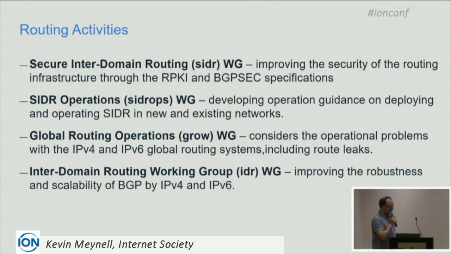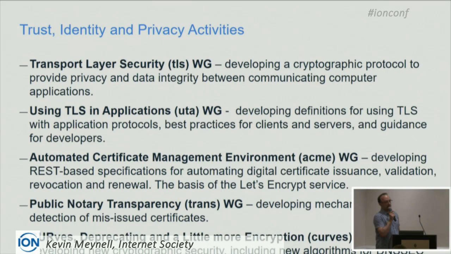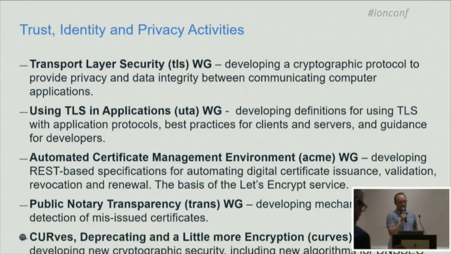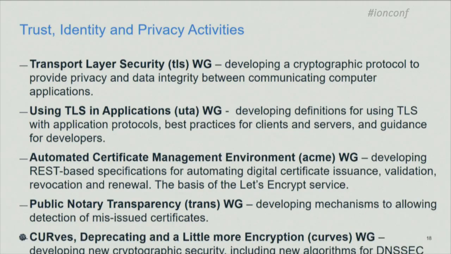On the trust and identity and privacy activities, there's a number of working groups. I won't go into all of these in great detail. There's a TLS working group, so that's the cryptographic protocol for securing communications between different computer applications. The UTA working group is working more on how this TLS can be deployed in applications and on clients and servers.